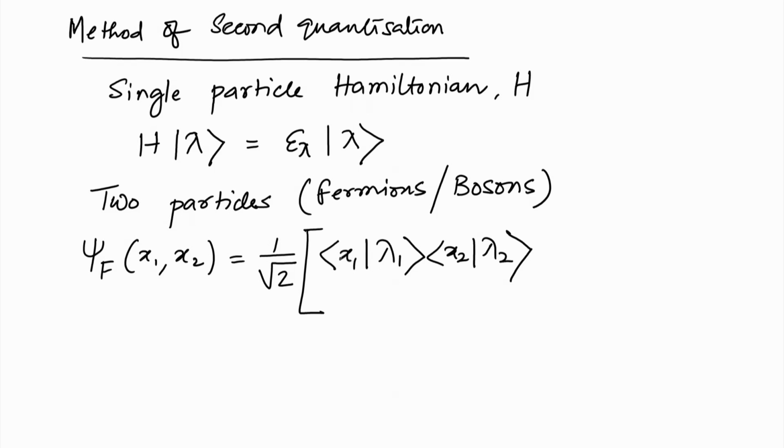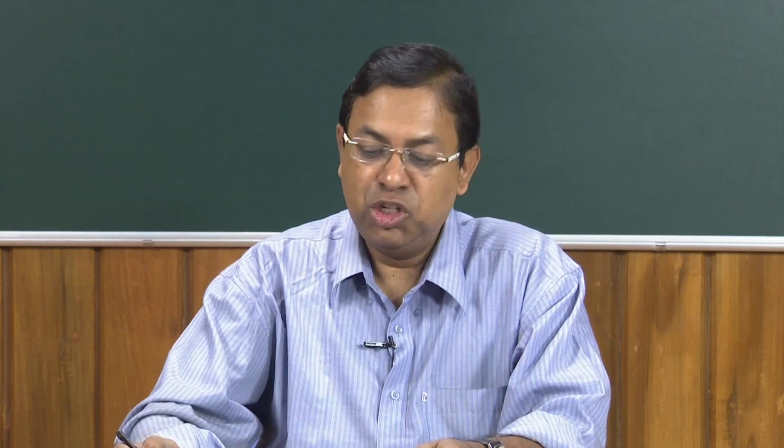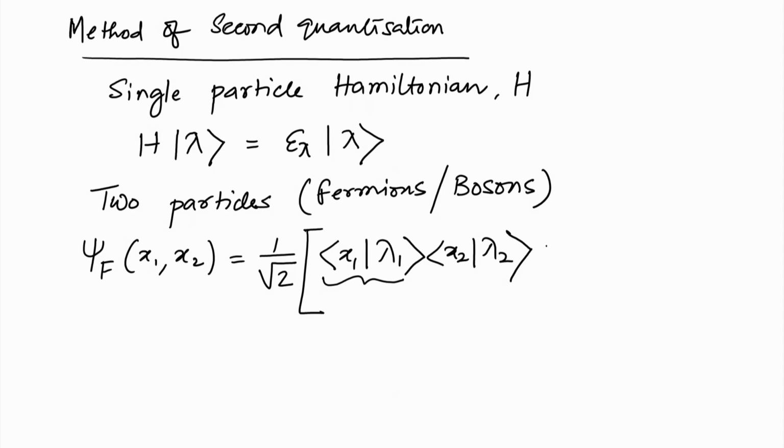So this would represent a state in the position space, and it is equal to x 1 lambda 1, x 2 lambda 2, minus x 1 lambda 2, x 2 lambda 1, and that is the state. I will use another notation for that.